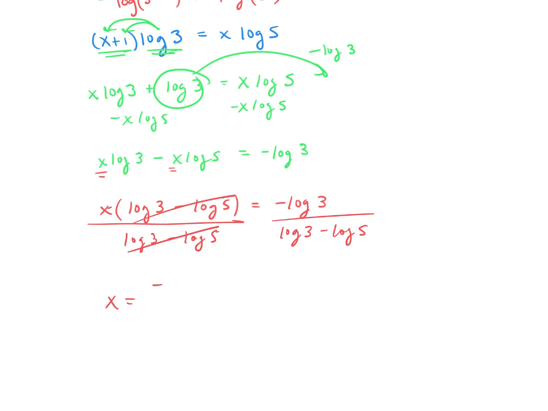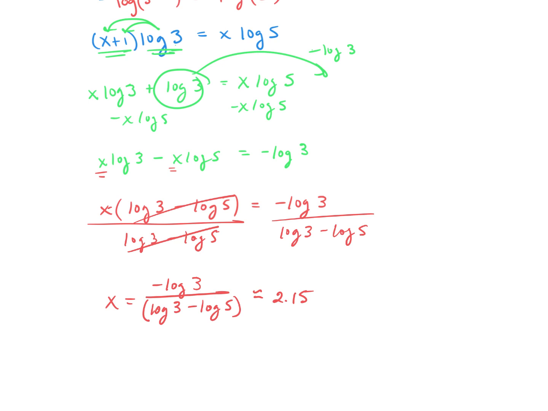So x equals negative log 3 divided by log 3 minus log 5. That's something we can type into our calculator. We would want parentheses around that denominator, and that would give us, with some rounding, about 2.15. So x is equal to 2.15.